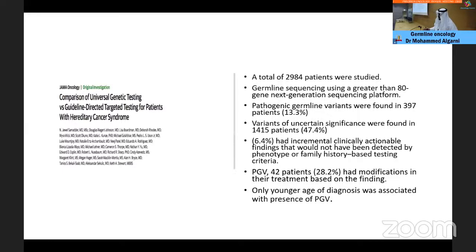I'm going to show you some of the evidence about how the guidelines might limit your ability to detect patients with germline mutation. This is a study that looked at more than 2,900 patients, and they did germline testing for them without sticking to the guidelines, and found that the incremental increase in detecting germline mutations was 6.4%.